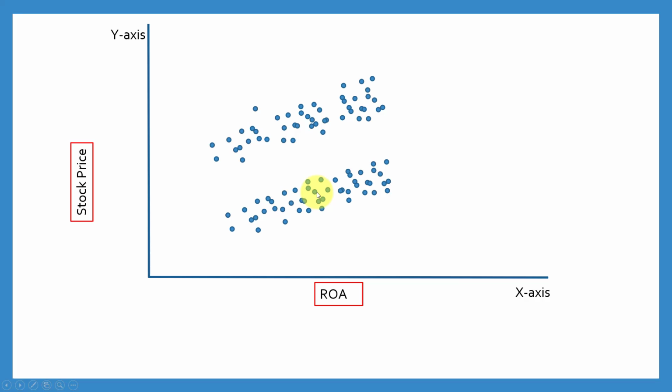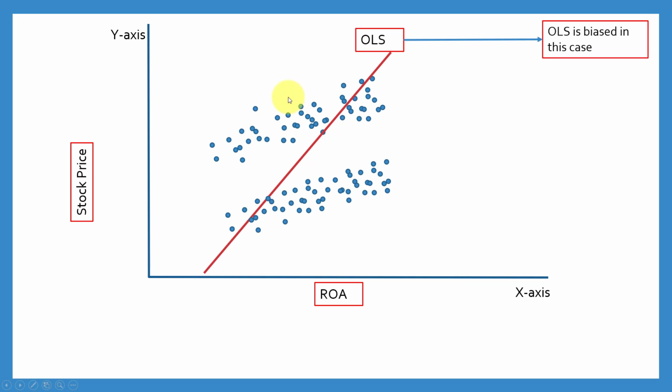And if we use the pooled OLS regression, the simple OLS regression, then what would happen is that we would have a single constant and a single slope, and we can see from the graphical representation that this OLS is biased in this case. It is not representative of the data.